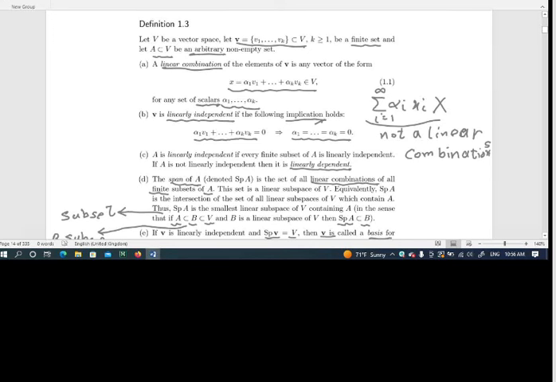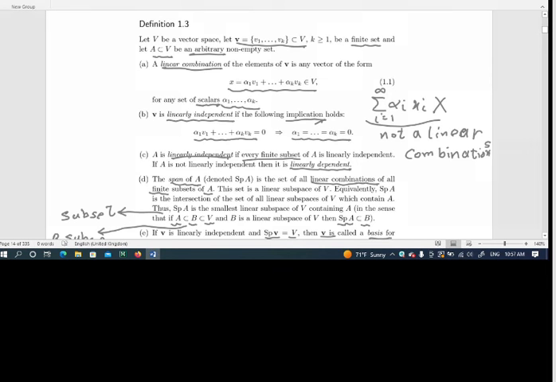A is linearly independent if every finite subset of A is linearly independent. So for an arbitrary, maybe infinite, subset A, we say that A is linearly independent when every finite subset of A is linearly independent.